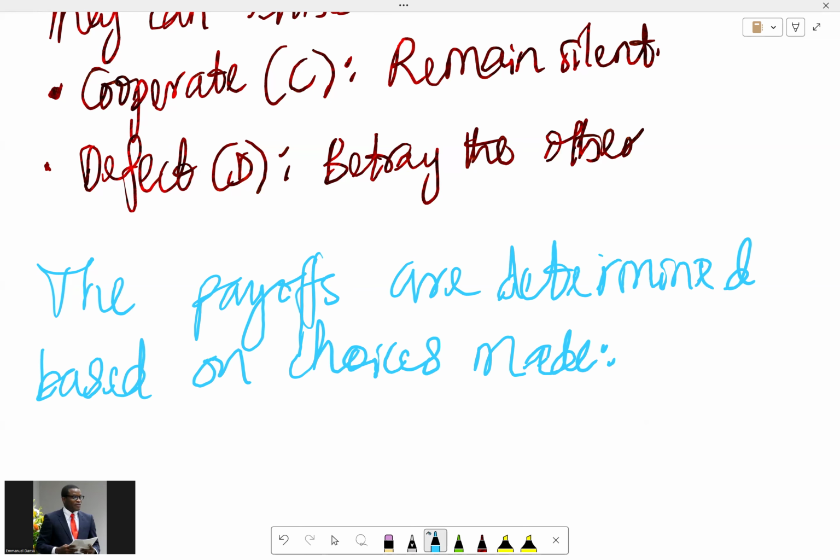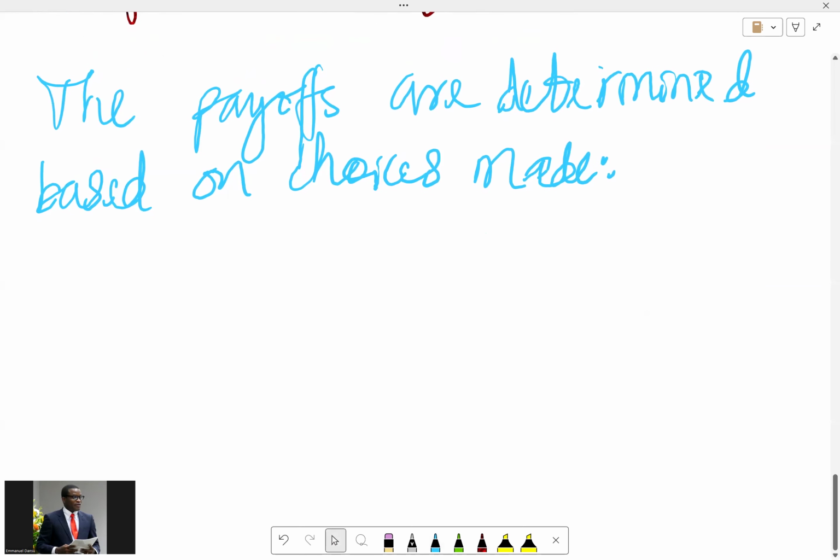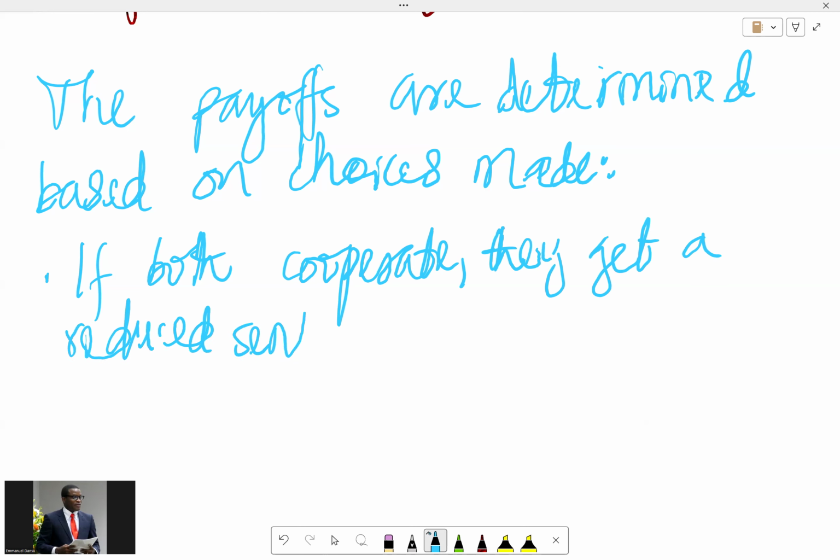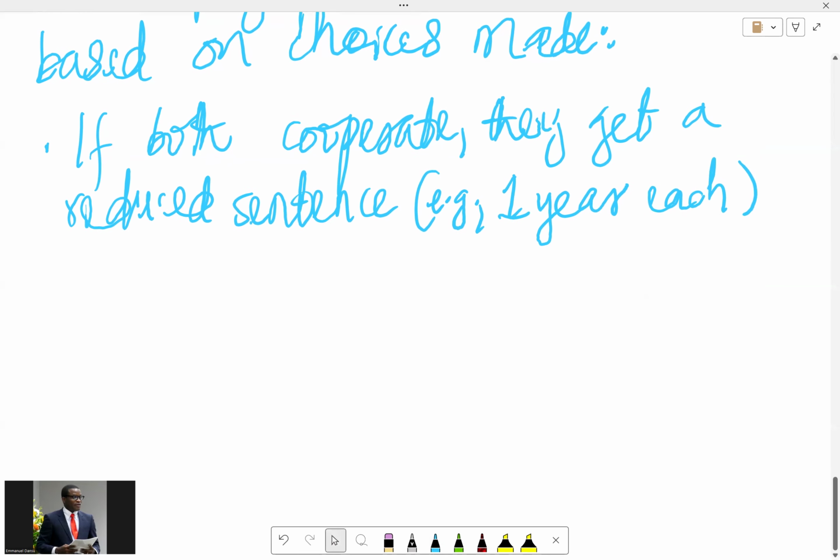Imagine, for instance, if both cooperate, they get a reduced sentence, e.g., 1 year each. That's a reduced sentence.